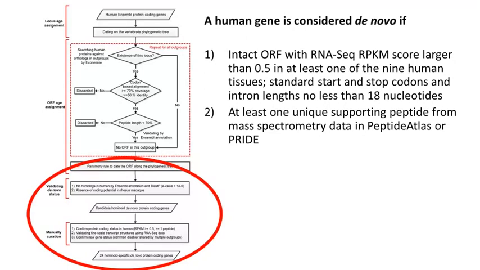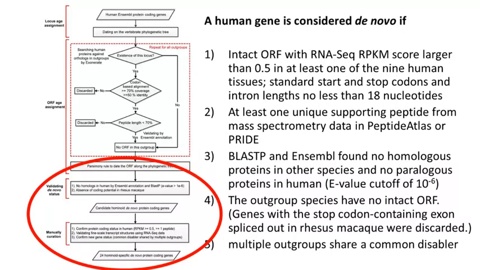First, to ensure that it is a high-quality protein coding gene in human, it needs to have an intact ORF with RNA-seq RPKM score larger than 0.5 in at least one of the 9 human tissues, standard start and stop codons, and intron lengths no less than 18 nucleotides. Second, it needs to have at least one unique supporting peptide from mass spec data in PeptideAtlas or PRIDE.